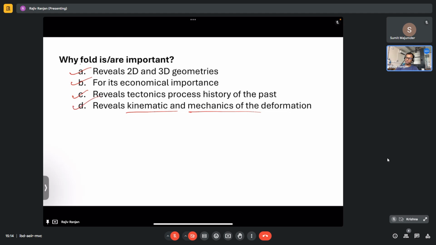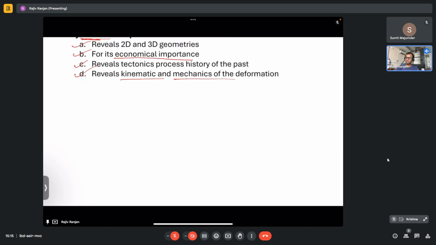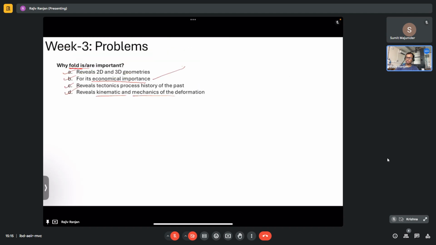If we study folds, it will help us to understand the 2D and 3D geometries of the structures. And we also know about economic importance, especially if you talk about the oil industry.